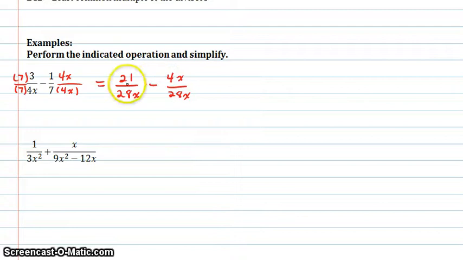So notice I've created a common denominator here. And now that I have a common denominator, I can combine my numerators, so I have 21 minus 4x. And notice those are not like terms, so I can't simplify any further. And then on the denominator, I keep the denominator, and I have 28x.